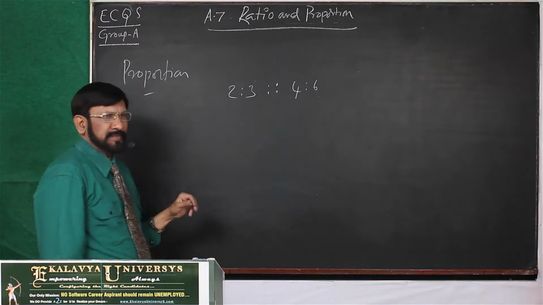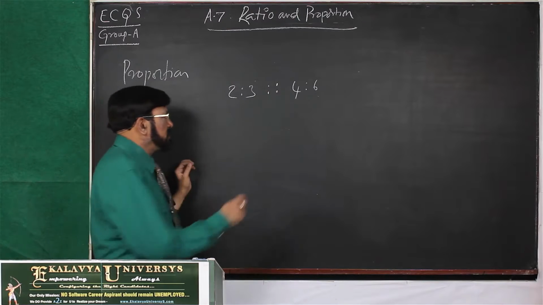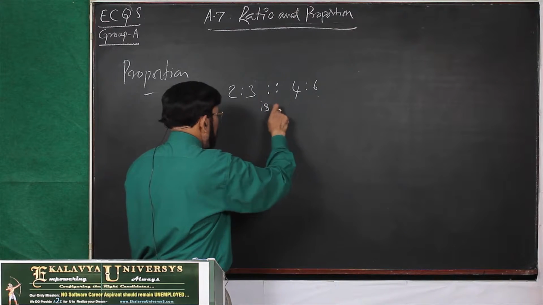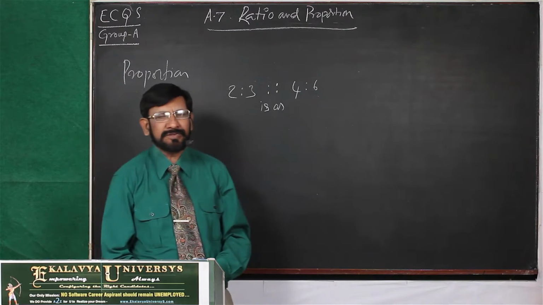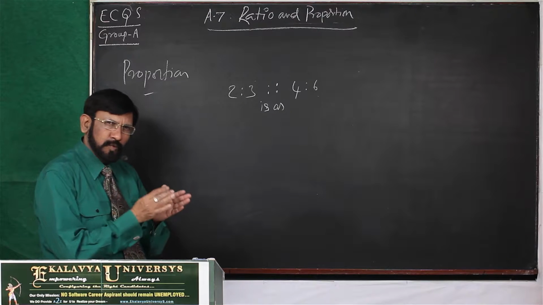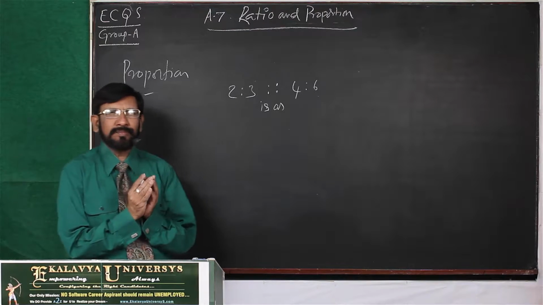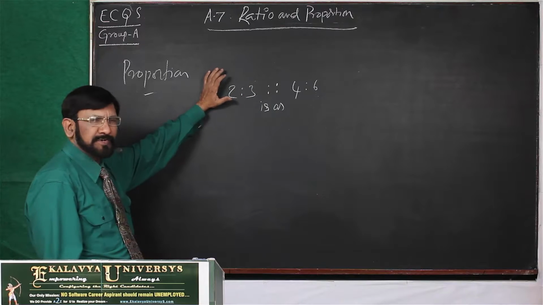In this way it is expressed: 2 is to 3 as 4 is to 6. So this is called a proportion. That means both ratios are equal. That we represent through this expression.